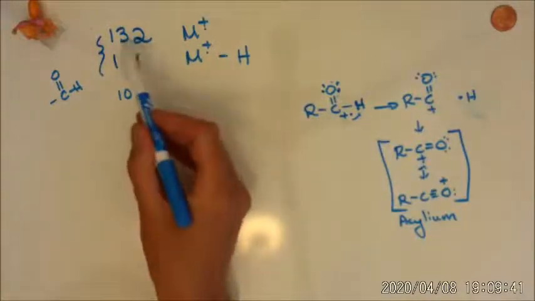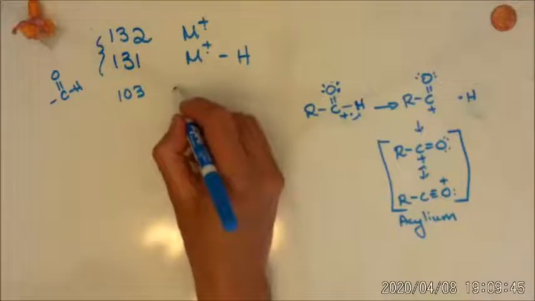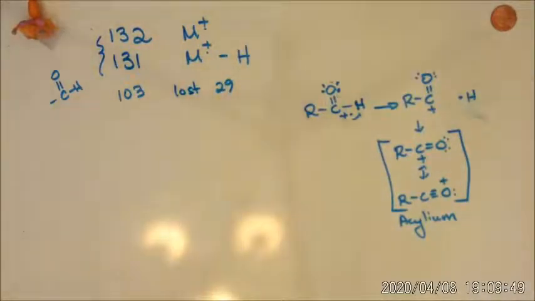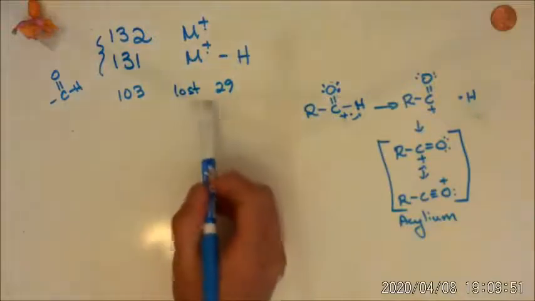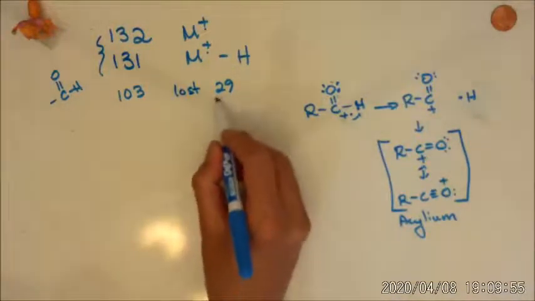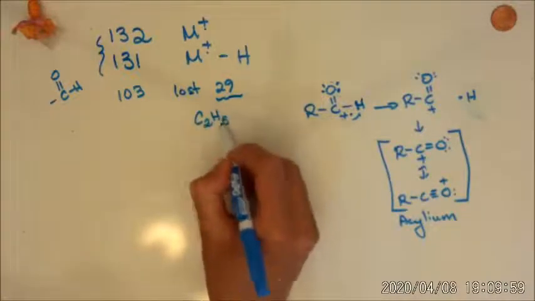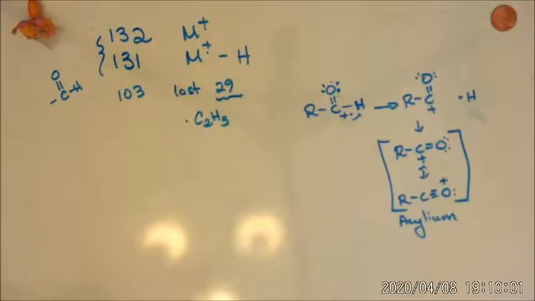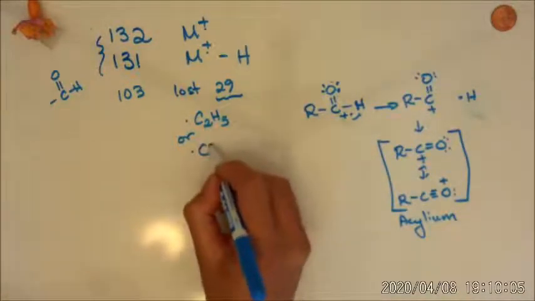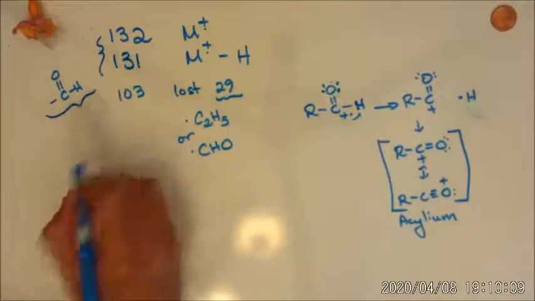Okay, so 132 minus 103 means I lost a fragment of mass 29. So how is this possible? Well, this 29 could be C2H5, or it could be CHO. Well, that would be consistent here.